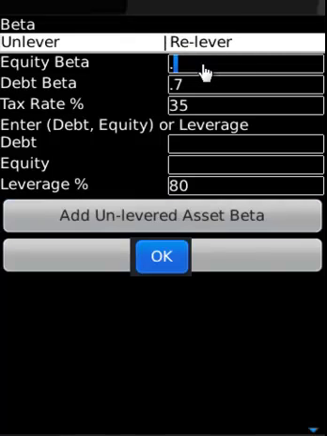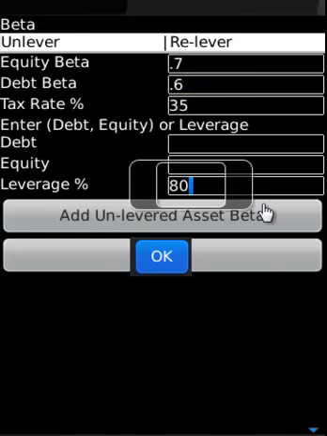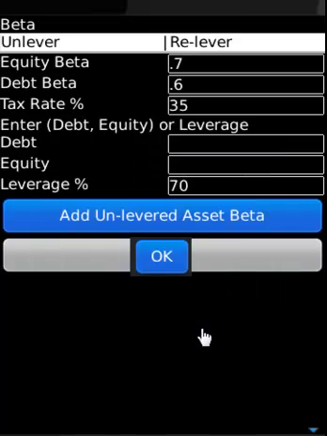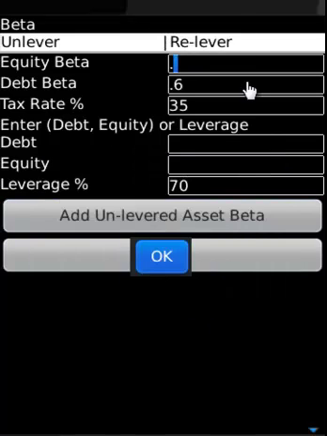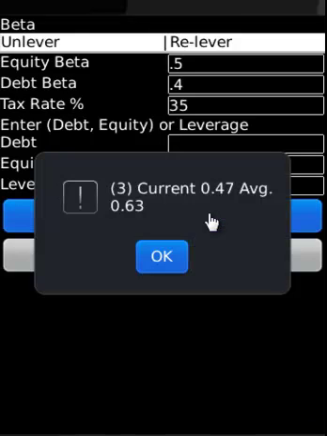The second set is 0.7 and 0.6 and 70%, added. So we are adding one more data set, say 0.5, 0.4 and 60%. So we added three data sets.